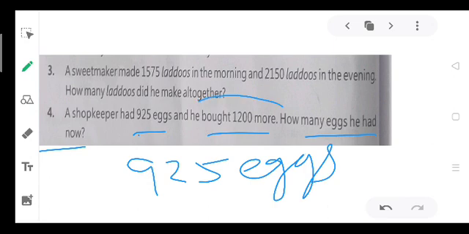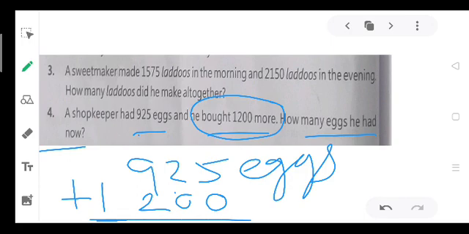He bought means he purchased, and he purchased how much? 1200. We will start writing from the ones place 0, 2 and in thousands place here 1. How many eggs does he have now? He has more than 925 now, because 925 he already has. So what we have to do here? We have to do addition.